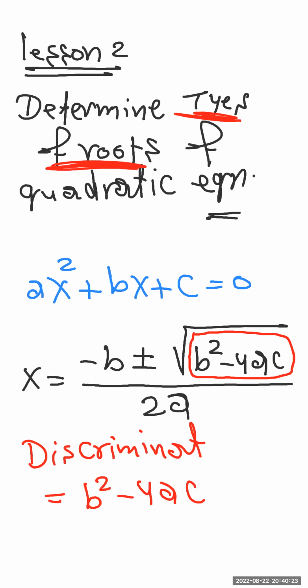Okay, so now, after we write the equation, and then a and b and c, we do direct substitution in the discriminant to get a numerical value, of course. So there are three cases for the discriminant, b squared minus 4ac.